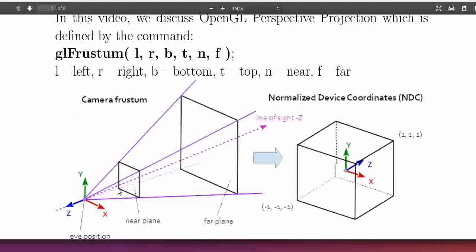We have the XYZ axes, and this is the origin, and we are looking along the negative Z axis. This is the near plane, and this is the far plane.